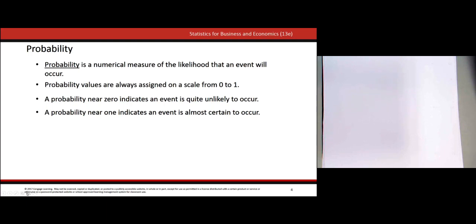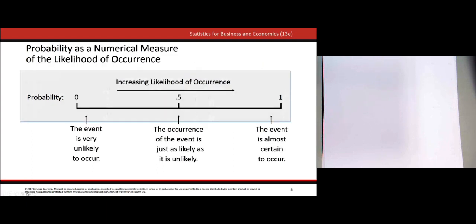If it is 1, this means it is certain to occur. Probability near 0 indicates an event is quite unlikely to occur. Probability near 1 indicates an event is almost certain to occur. So the closer to 1, the more the likelihood of occurrence increases, and the closer to 0, the more it decreases.